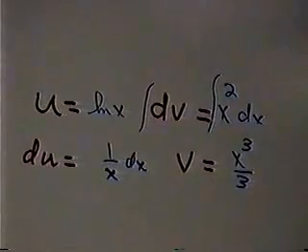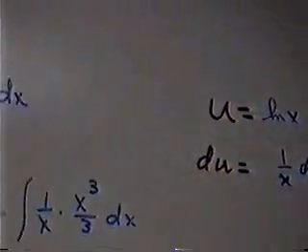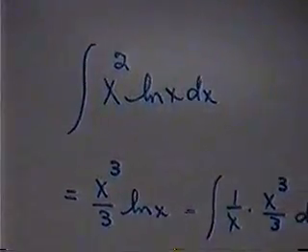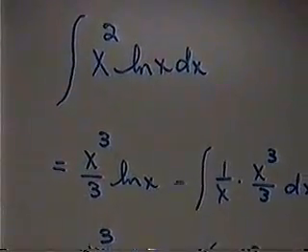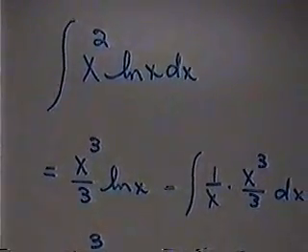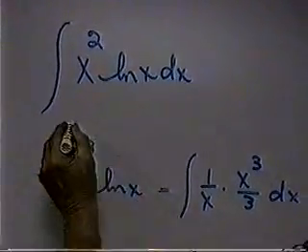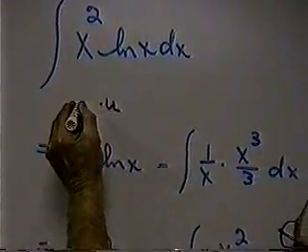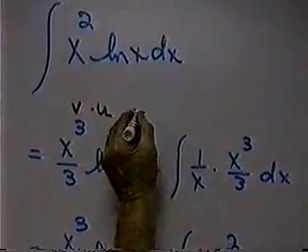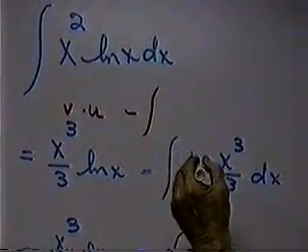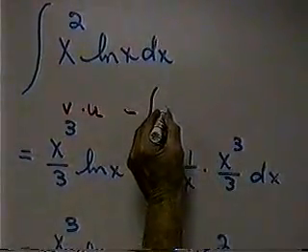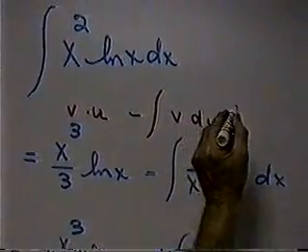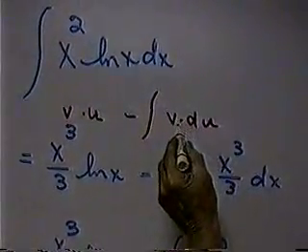And now you go back and plug it in. The rule is u times v minus the integration of v du.